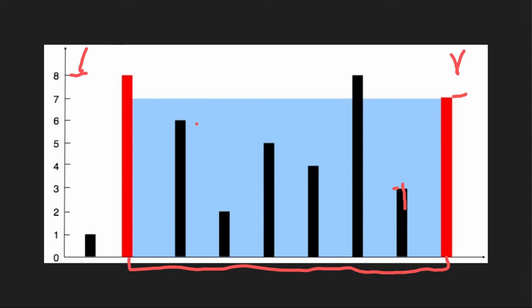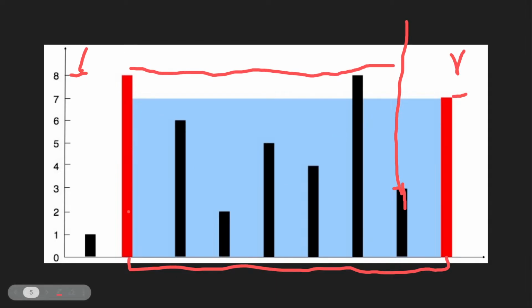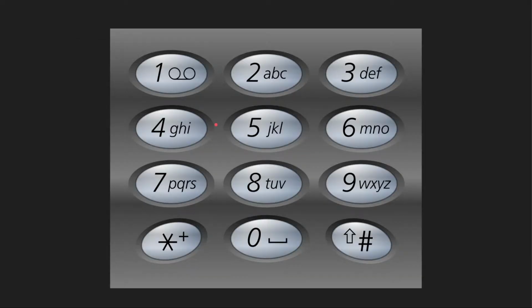If this is higher and we move it, it's gonna miss something. Maybe after we move this shorter bar, the next bar is much higher, so it means we can even hold more water. But if we just shift the higher bar, we miss the opportunity to hold more water. So basically, this is how to understand the two pointers problem.